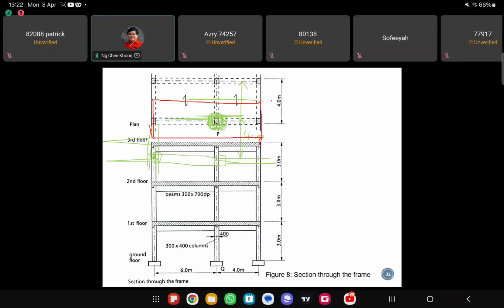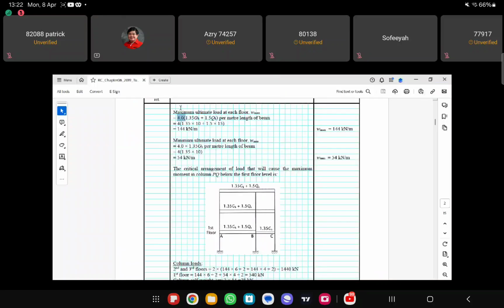So this is the middle, so this is 2 meter, and this is also 2 meter. Meaning that the area that is going to be transferred to the column P is 4 meter wide. So that's why you have the 4 meter here.